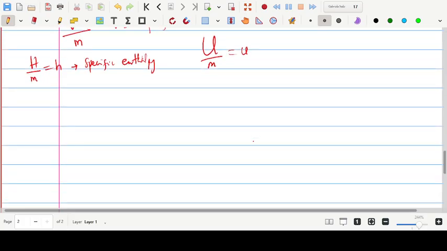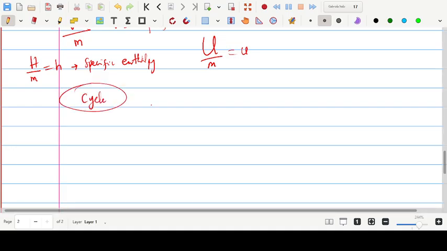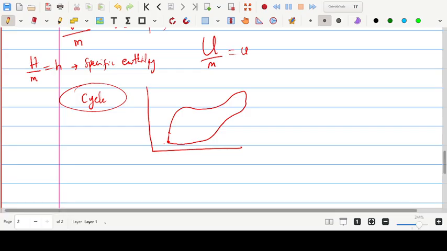So another thing we need to explain, quick one, is what we call a thermodynamic cycle. Let's assume we have this point here.